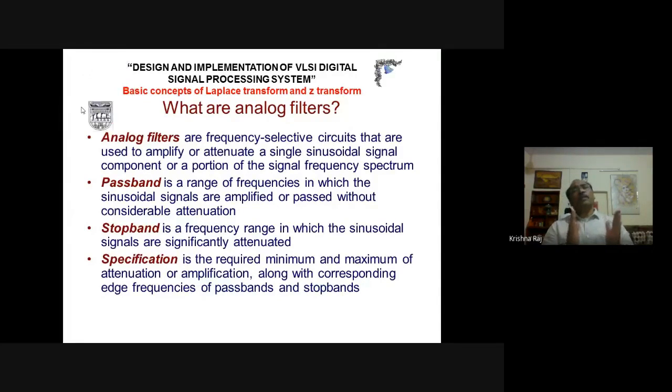For that particular range, the response must be uniformly a DC value.